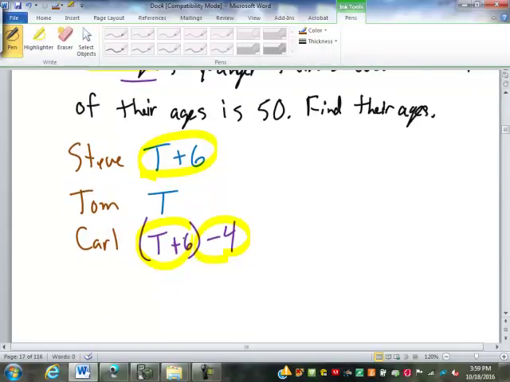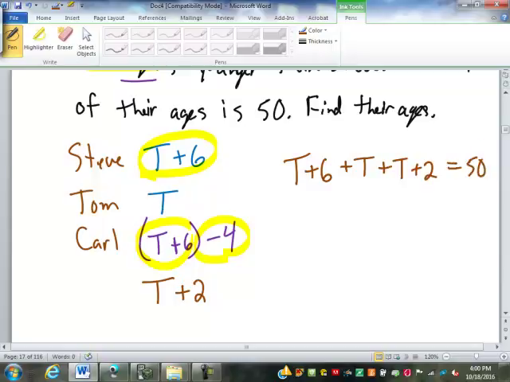Now, of course, T plus 6 minus 4. Is there anything to do inside those parentheses? No. Is there anything I can do to those parentheses? No. So I take the parentheses away, and I can combine. The T is going to stay the same. Positive 6 and negative 4 becomes positive 2. So now this is Steve, which is T plus 6, plus Tom, which is T, plus Carl, which is T plus 2, adds up to 50.